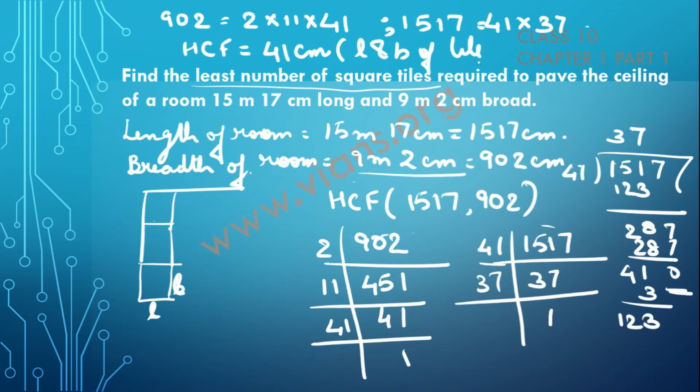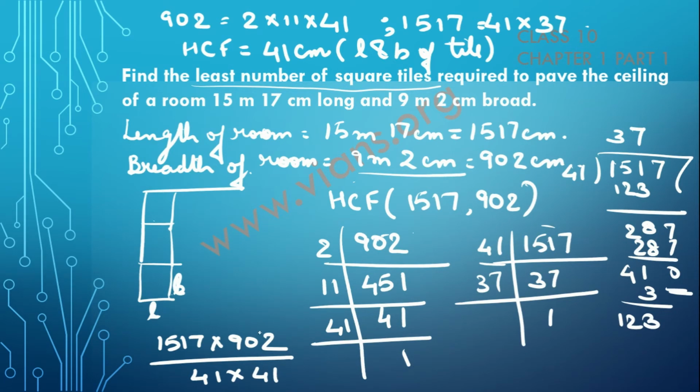Now, if this is the L and B of your tile, what's the number of tiles that is required? The total area of the room, 1517 into 902, divided by the area of your tile, so that's 41 into 41.